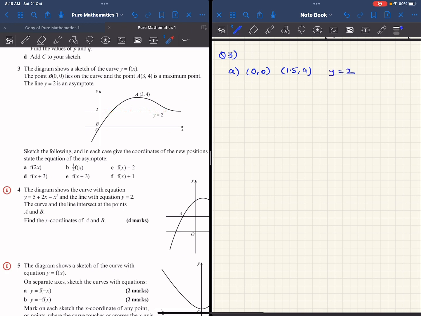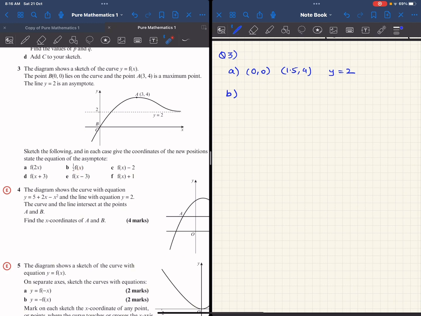So the graph will be (0, 0) will remain as it is. The point 3 will be at 1.5, so (1.5, 4), and the asymptote will remain as it is. Question B is half of f(x). f(x) is y, so half of f(x) means the y coordinate will be multiplied by half. x will remain unchanged.